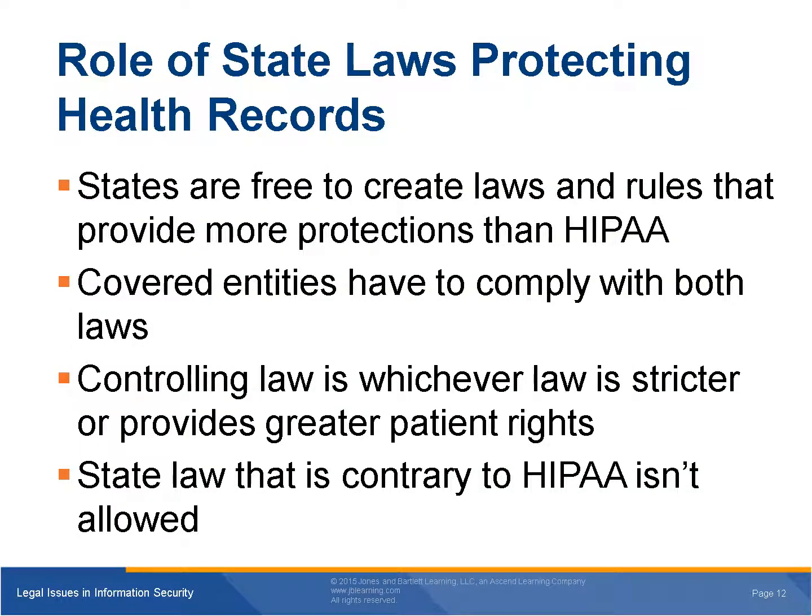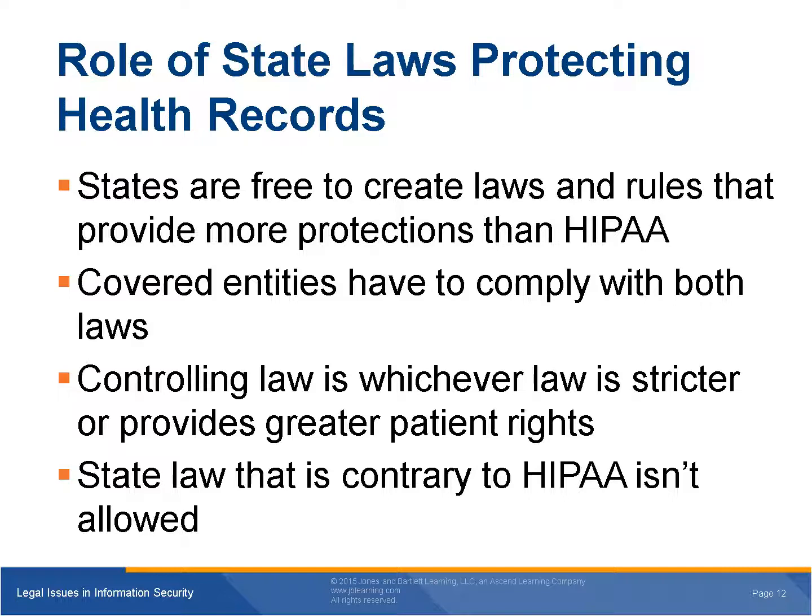So, the role of state laws protecting health records. HIPAA sets the floor for personal health information and privacy protection. It means that states are free to create laws and rules that provide more protection than HIPAA. Covered entities have to comply with both laws.